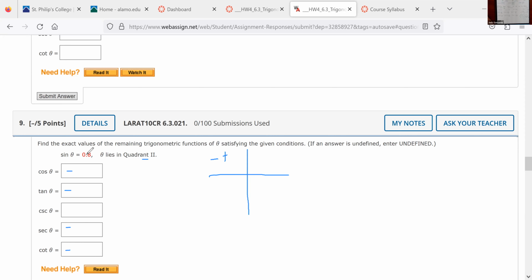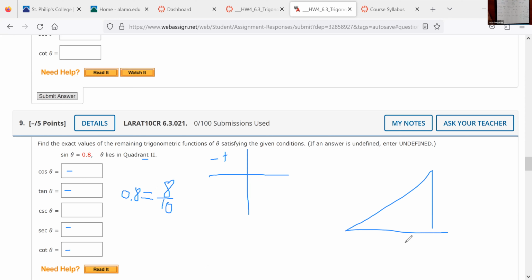Sine is given to us, so you can write 0.8 if you want to. This is my hint for you: write it as 8 over 10. That is the same thing. And then draw your triangle.